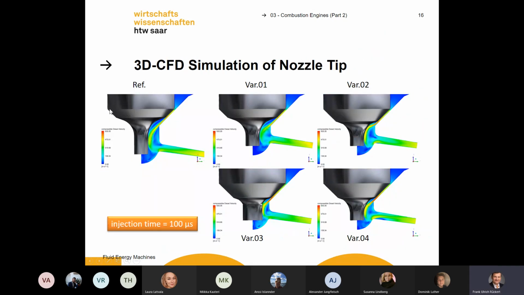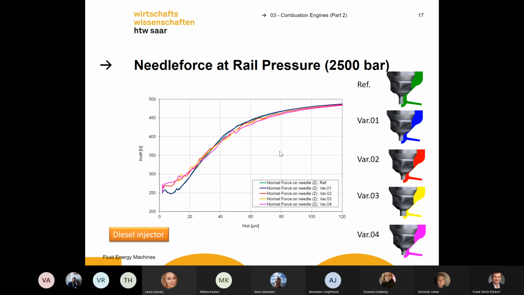The diameter of this tip is only 1.8 millimeters, but we designed the tip really sophisticatedly, and even though it's so small, it influences the whole spray, the whole efficiency of the engine, the whole combustion process, and in the end the power you get from your engine.